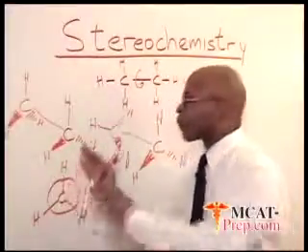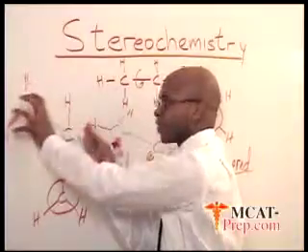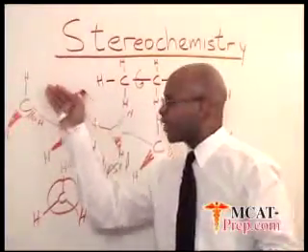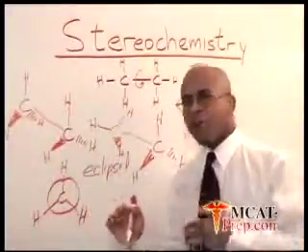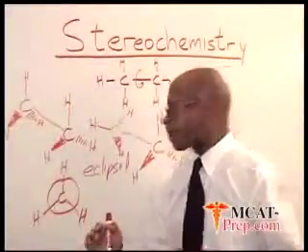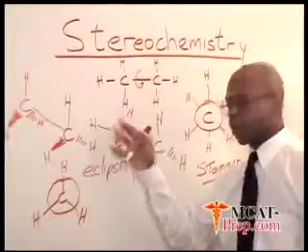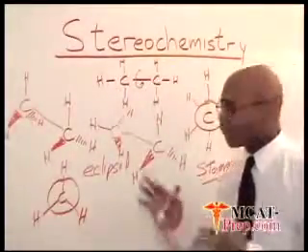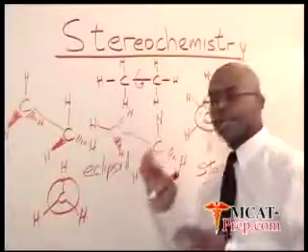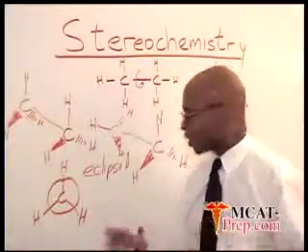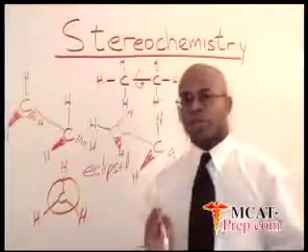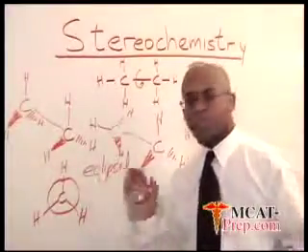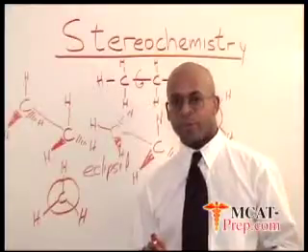So if this twists, one would not be right behind the other. It'll be behind, but at an angle, and therefore it would be maximally apart. Therefore, the staggered conformation, as it twists, where you get the hydrogens off to the sides, is a situation where they are maximally apart. Therefore, a staggered conformation is more stable than an eclipsed conformation.